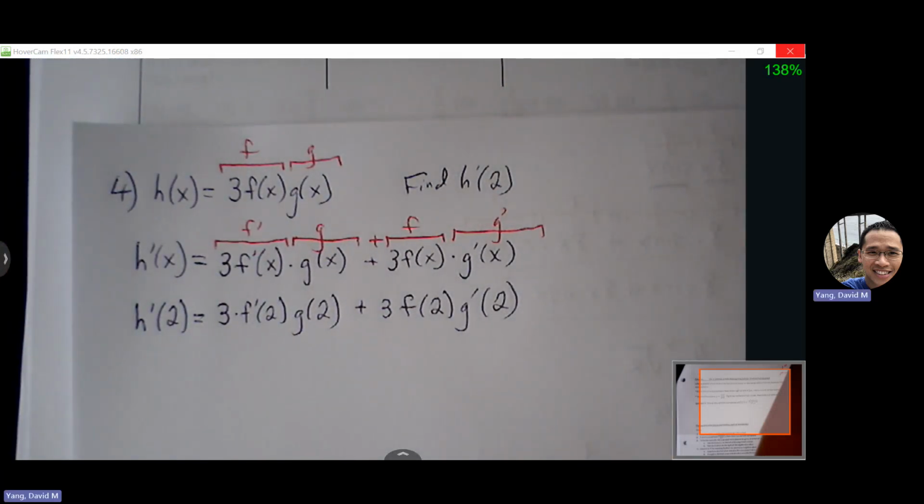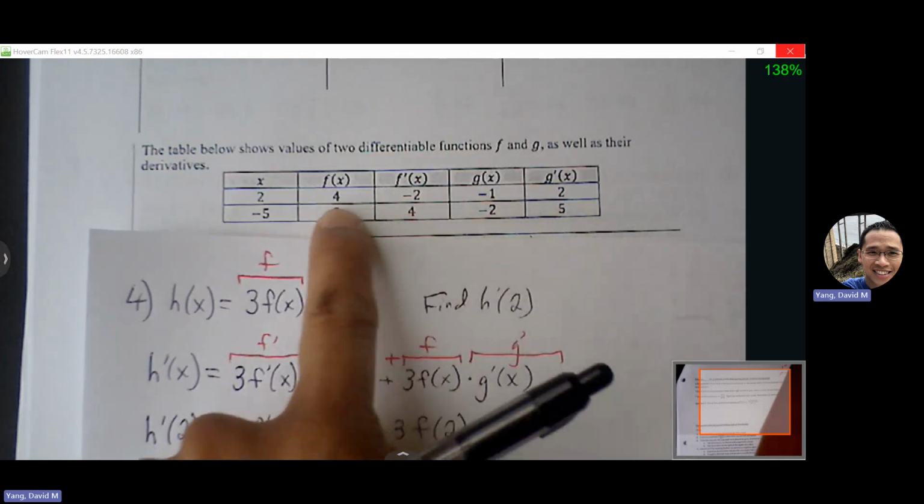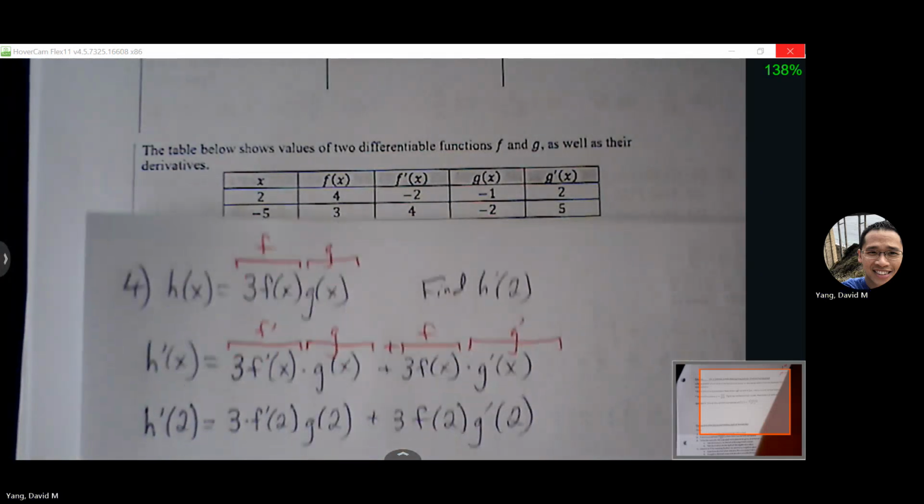Everybody okay so far? Right, so now we go to our table and we just try to find the values that are associated.